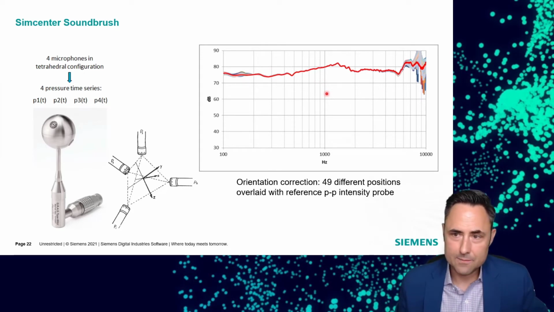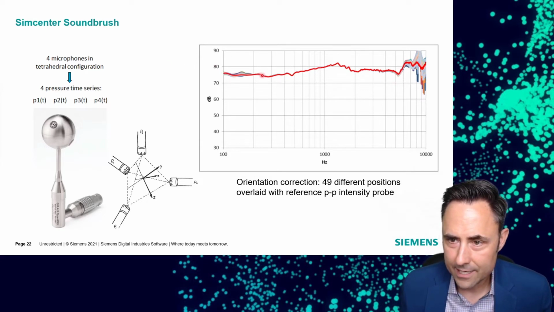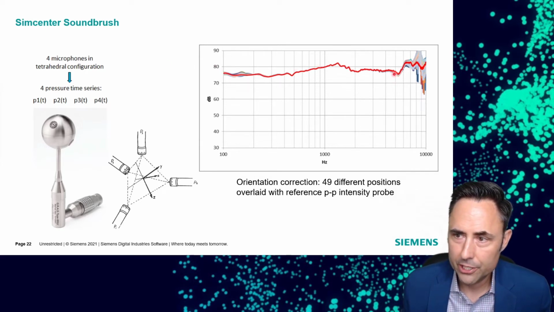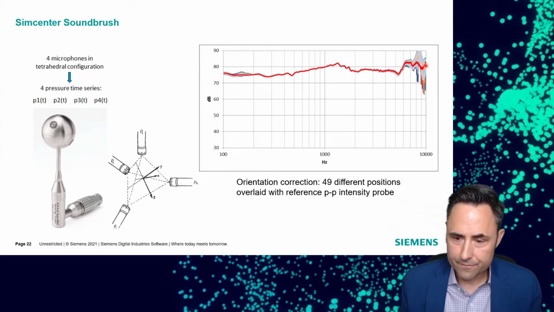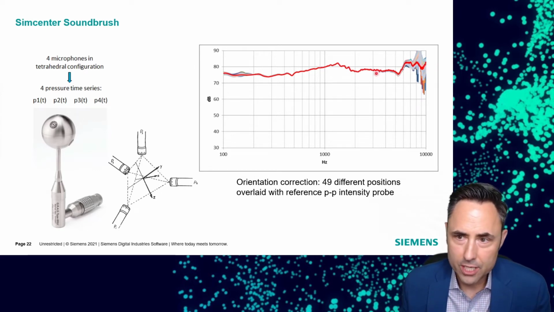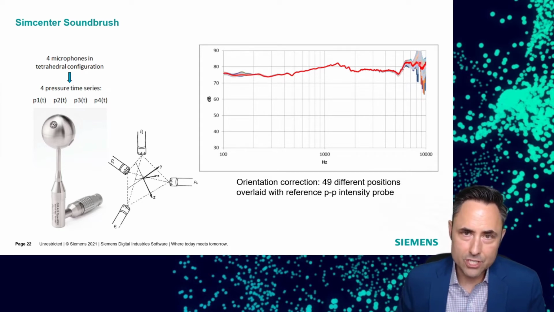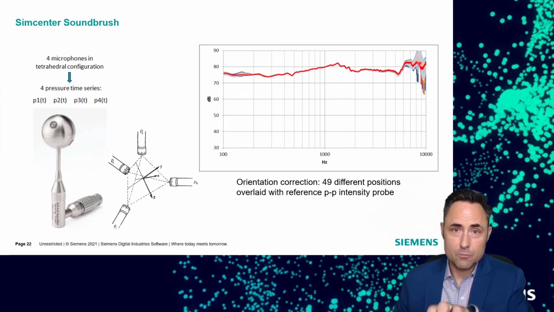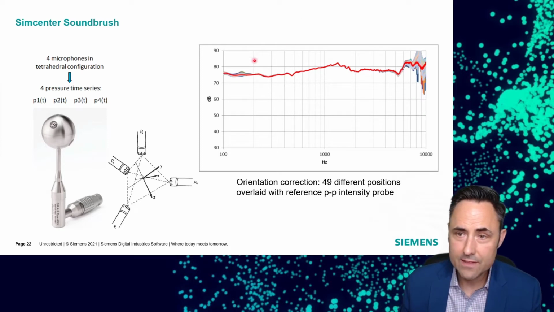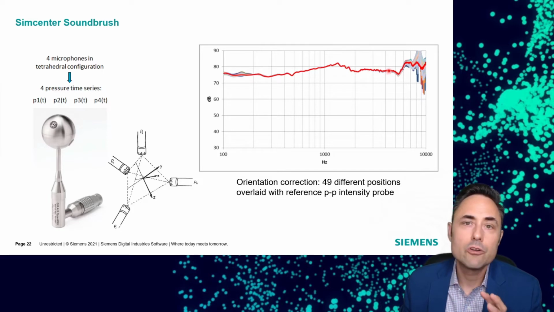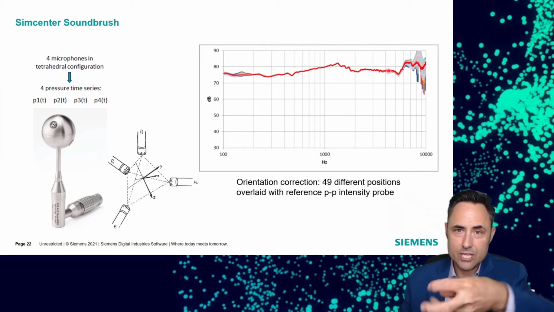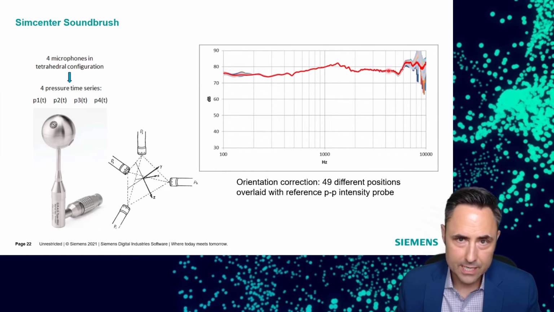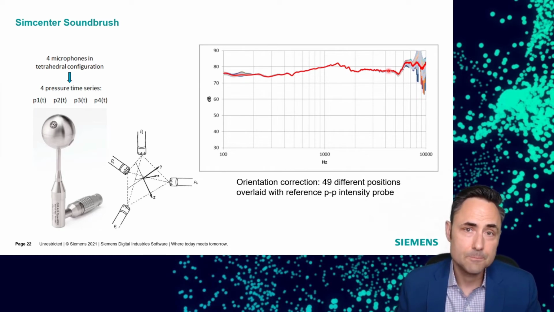What you're seeing in this plot here, the red line is a standard traditional pressure probe in a fixed XY orientation, and then behind it are 49 different orientations of the SoundBrush held at all of these oblique angles, and essentially you see they are line for line the same. So we are 100% compensating for the rotation of this device in 3D space, essentially in real time, okay? So that's the second key thing.